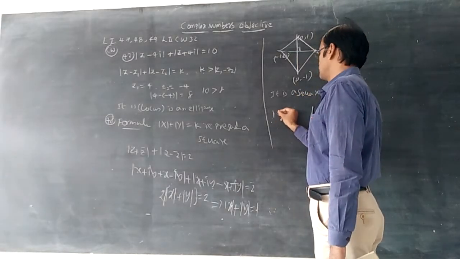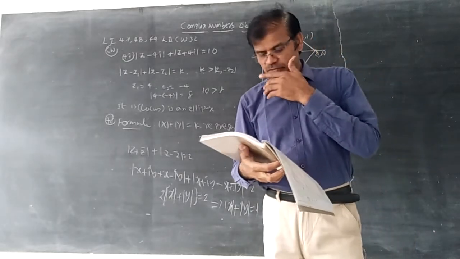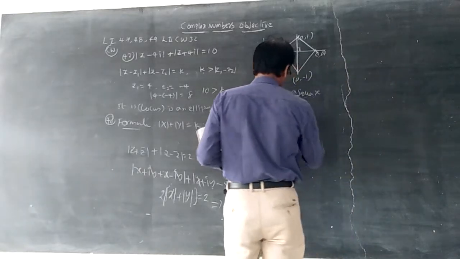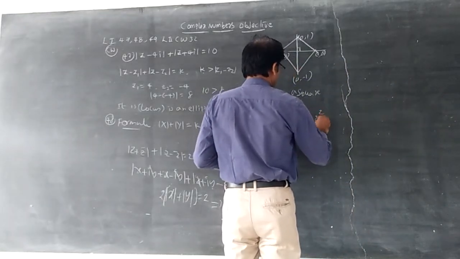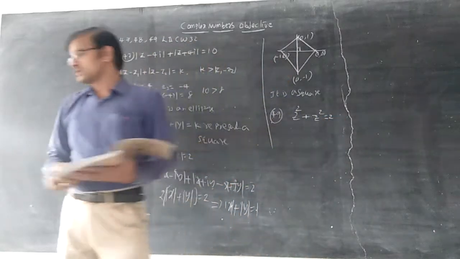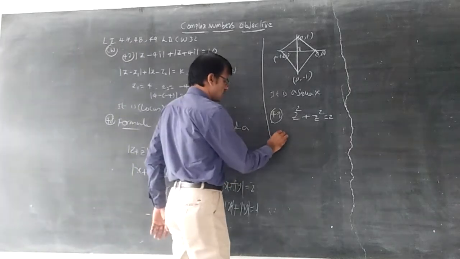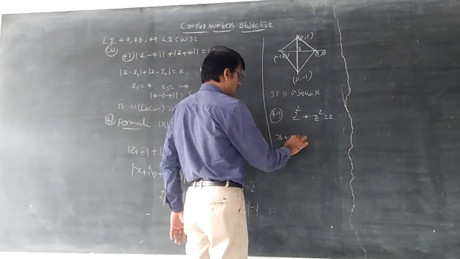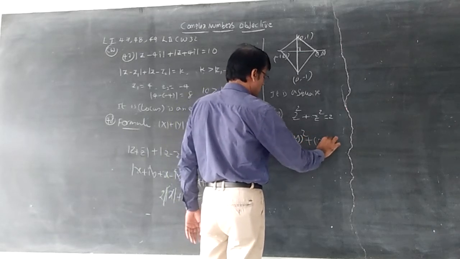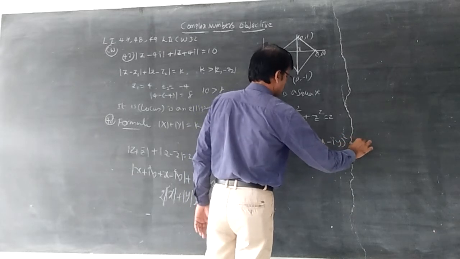Next one, 49th question. If z is a complex number, then modulus of z squared plus modulus of z bar squared is equal to 2. What is the locus of z here? z means x plus iy, whole squared, plus z bar means x minus iy, whole squared, is equal to 2.